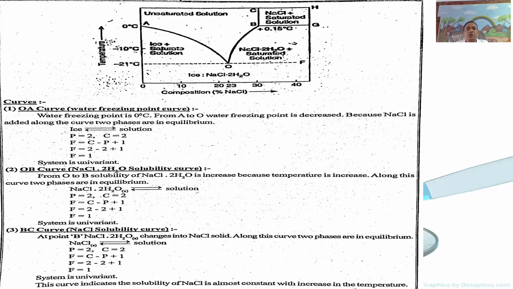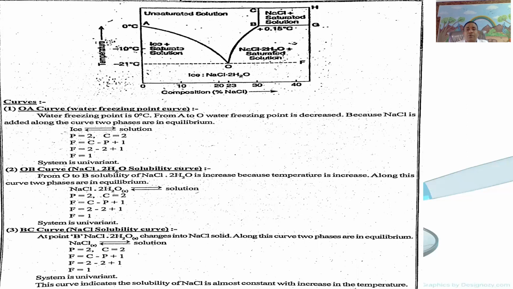This potassium iodide water system has only solid and liquid phases, with the absence of a gaseous phase. Therefore, it is also a condensed system. Here, for a condensed system, the reduced phase rule is applicable.